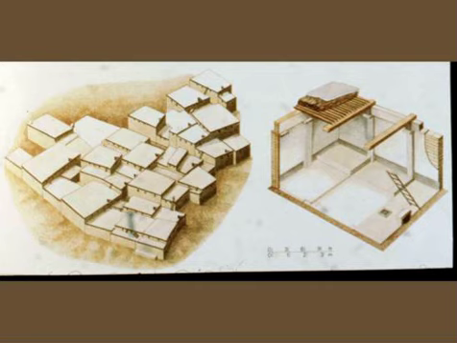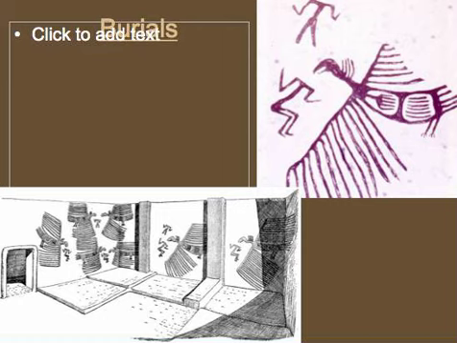One is that it prevented the village from being damaged by floods. The other is that it was built this way for defense. We're not really sure which is the correct answer, but what you can see is that to go from one building to the next, you had to go up onto your roof with ladders, walk along the roof to the next house.